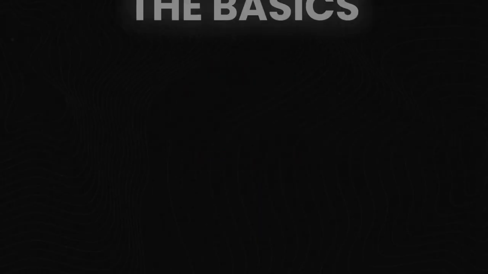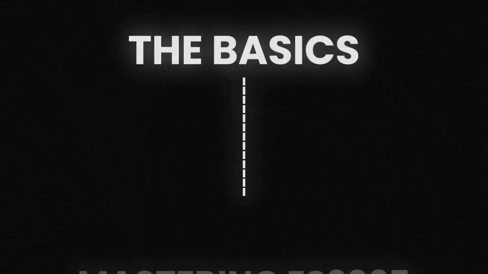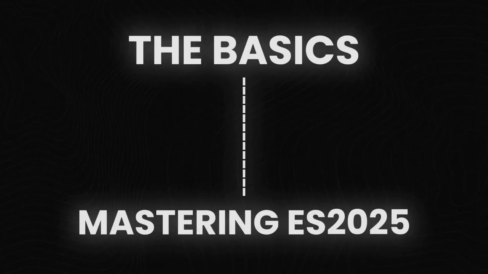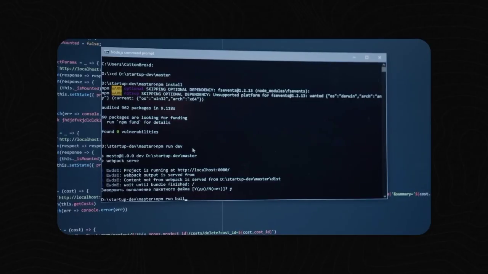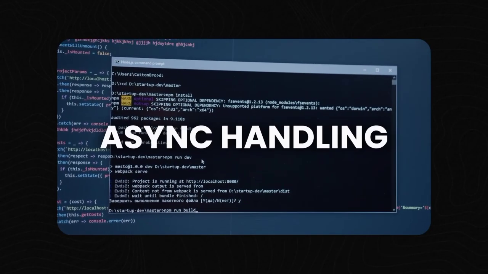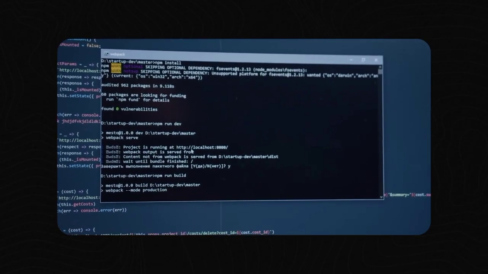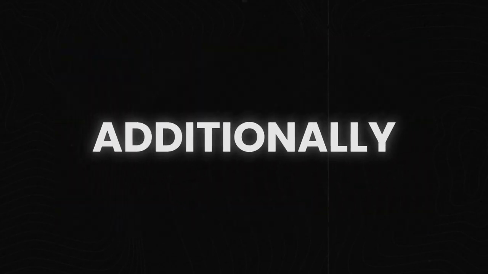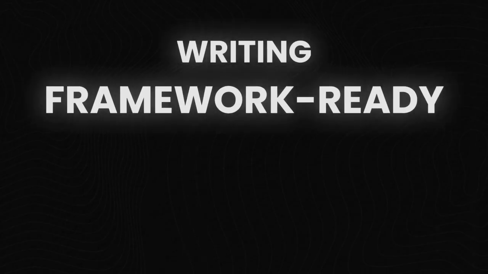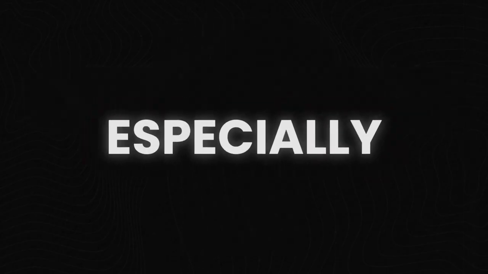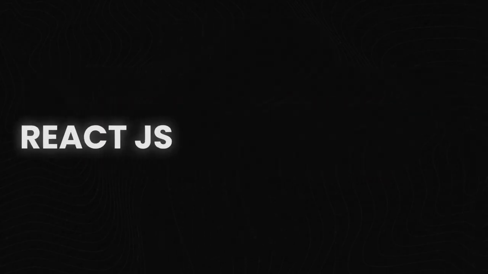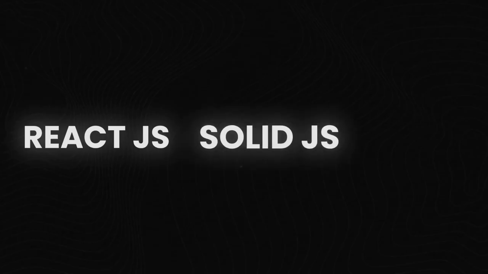And in 2025, it's not just about knowing the basics, but also about mastering the latest ES2025 features, such as the new improvements in async handling and immutable arrays, which make JavaScript more powerful than ever. And additionally, writing framework-ready JavaScript is essential, especially if you plan to work with React, Solid.js, or Qwik.